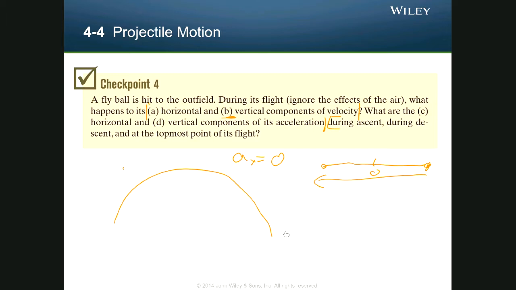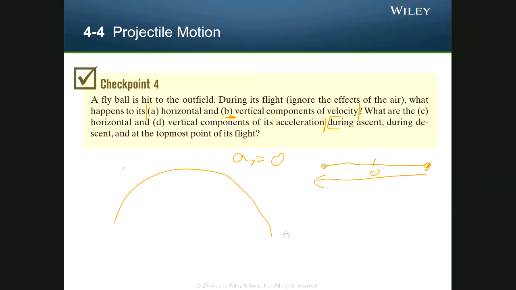VX will be constant. Remember I told you you might confuse acceleration and velocity, and that can happen quicker than you think. I do it frequently. It's a big deal though when you're taking a test or an exam. I, of course, just get to erase the board and go, oops. But you want to be careful, and you want to try and recognize when you mixed it up.